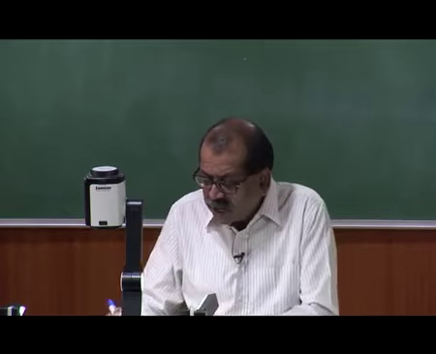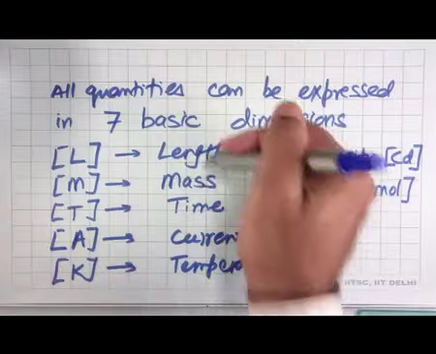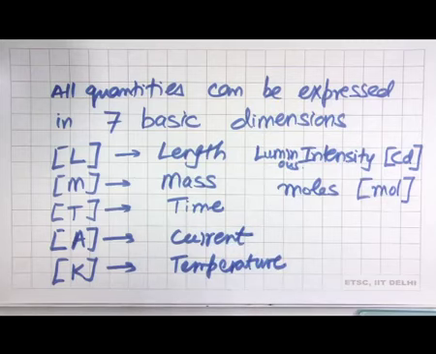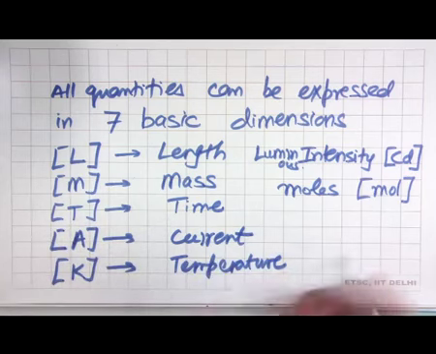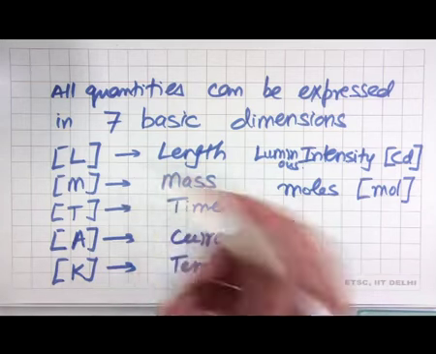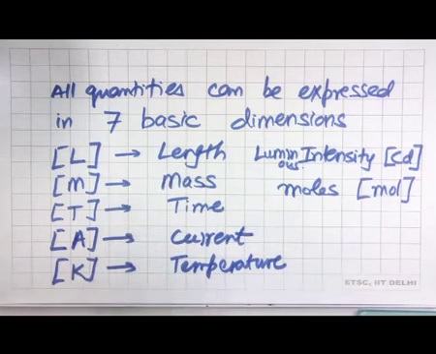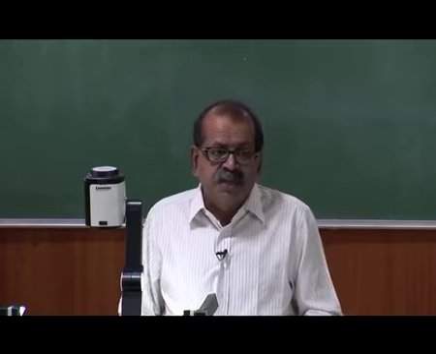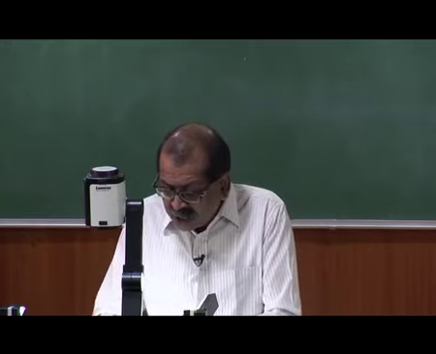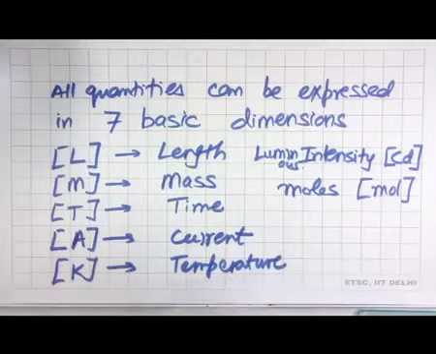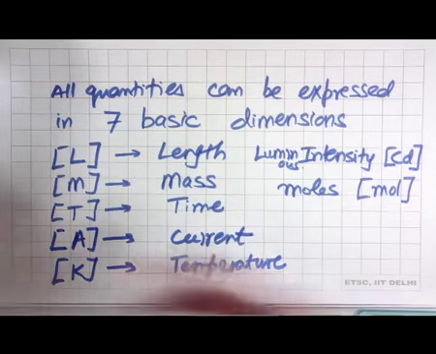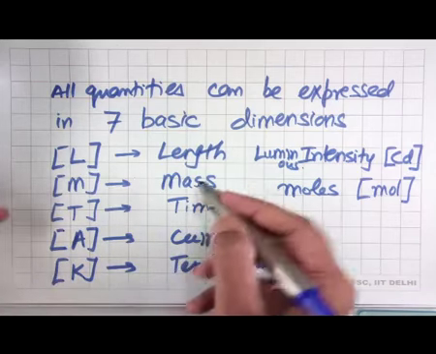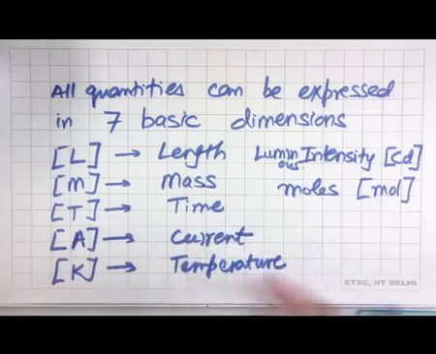Now, it is not sacrosanct that we take only length, mass and time as the basic dimensions. Somebody else can take force, mass and time as the basic dimensions, and that would also be valid, but then if we use force, mass and time, then length cannot be taken as a basic dimension. And the rule is that within these basic dimensions, we cannot form quantities which can be made from these dimensions itself.